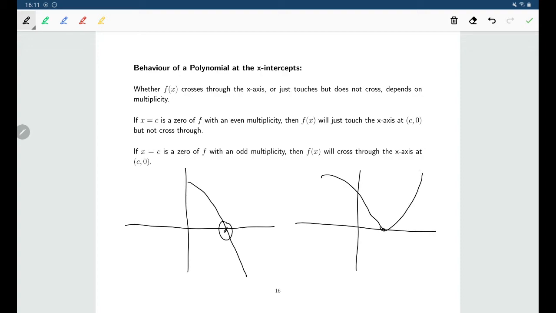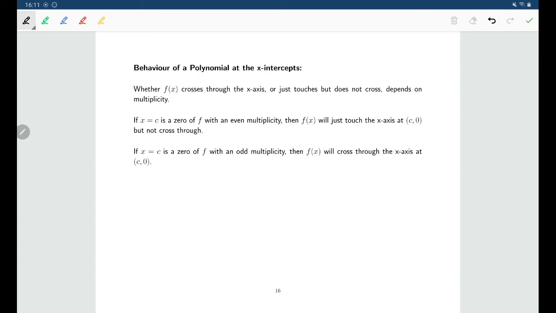And it only depends on whether the multiplicity is even or odd. If you have a 0 with odd multiplicity, then you are going to cross through the axis at that x-intercept. If the 0 has an even multiplicity, then you're just going to touch and bounce back, but you won't cross through at that x-intercept.